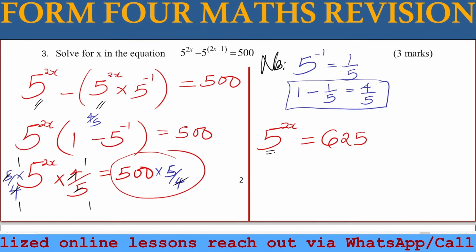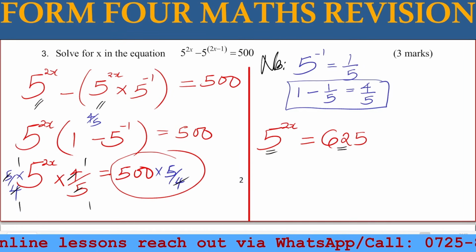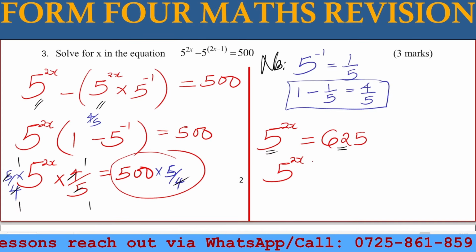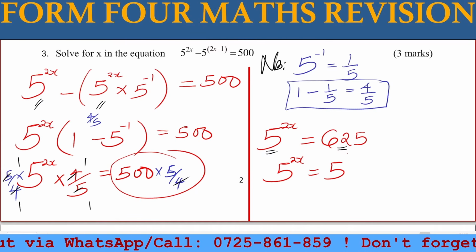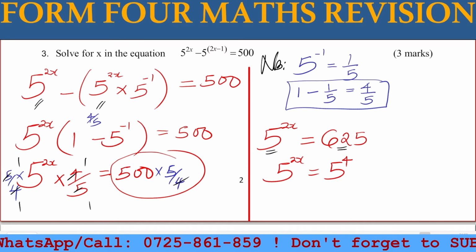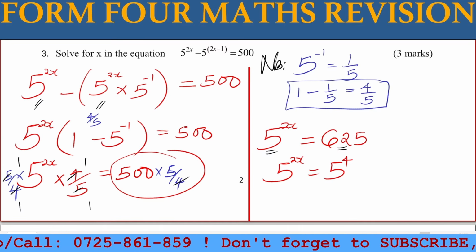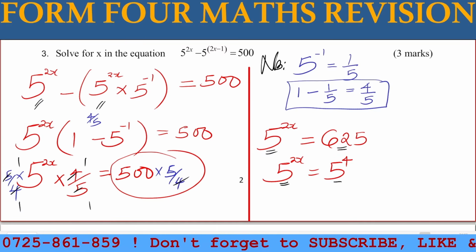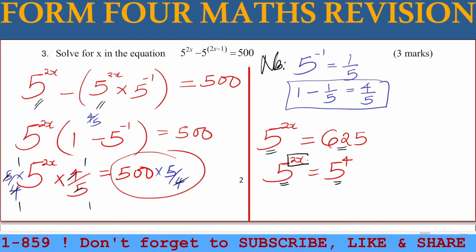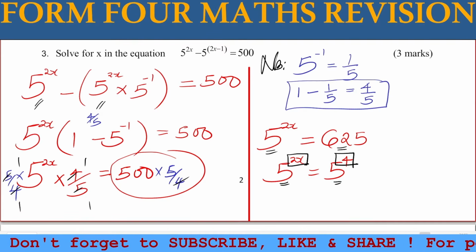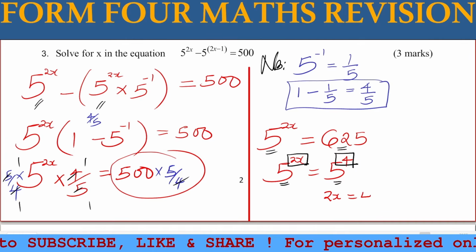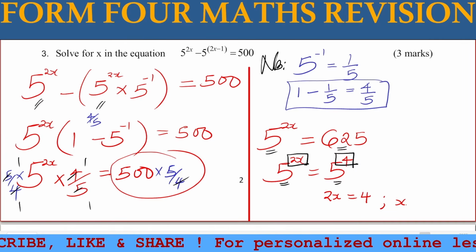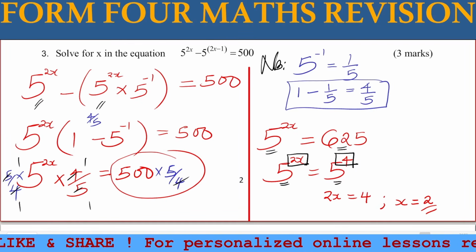It is possible to express this to the same base. 625 in power form will be 5 raised to power 4. So you can see the bases are the same, so you simply pick the powers, and that gives us the solution. 2x is equal to 4, and here x will be equivalent to 2.